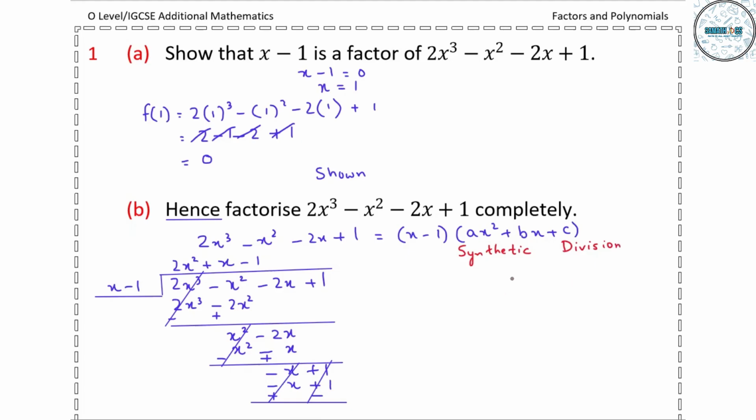In which we write the coefficient of this cubic expression in order. First, we write the coefficient of x cubed, which is 2 here, the coefficient of x squared, which is minus 1, the coefficient of x, which is minus 2, and the constant term, which is 1.